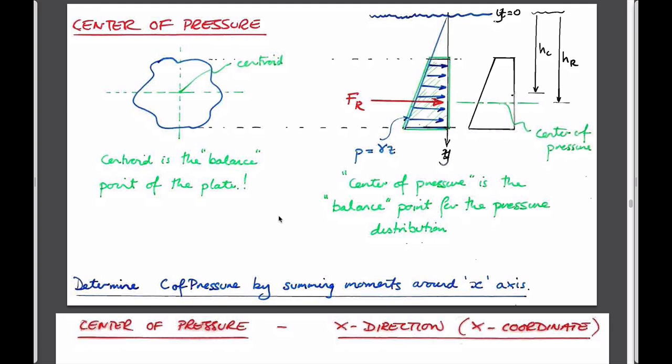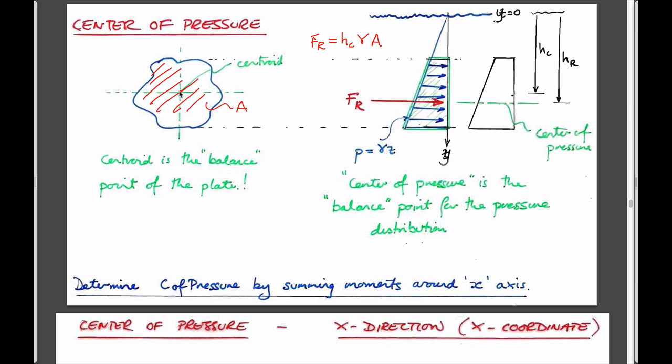Where does the force act, and what's the magnitude of the force? The magnitude of the force is always given by this expression: the magnitude of the force is equal to the depth of the centroid, times the unit weight, times the area of the plate.